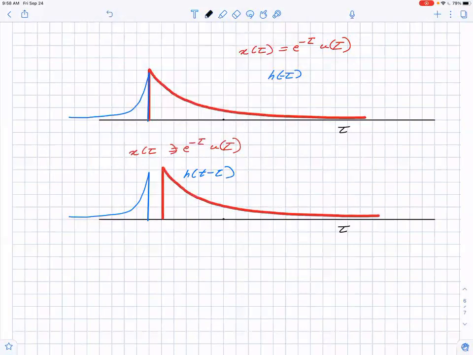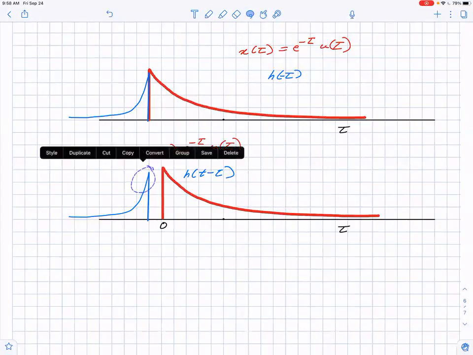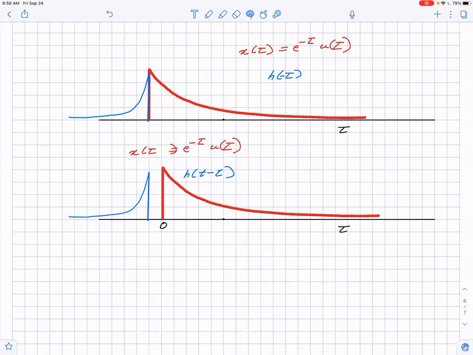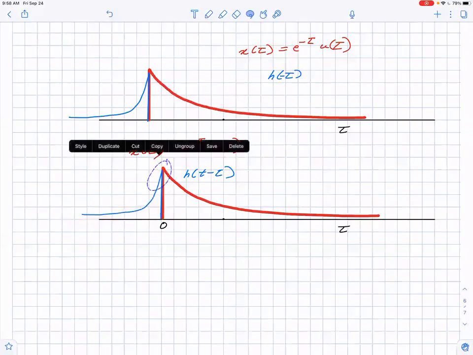So let's say this is 0. And so before, when we haven't applied any shift, our function, the blue function, is right over here. That is before we apply any shift. So the shift is 0. That is t equals 0.